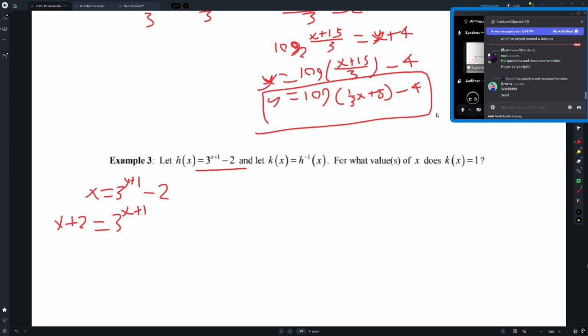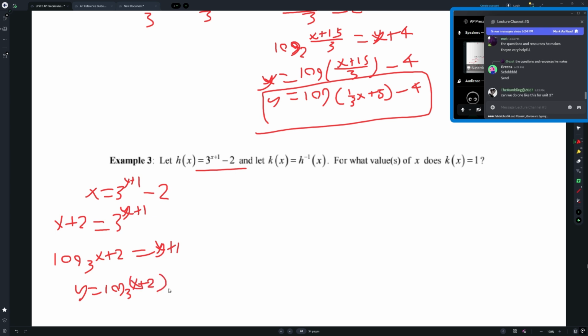From there, log base 3 of x plus 2 is going to be equal to y plus 1, and then subtract 1, so y is going to be equal to log base 3 of x plus 2 minus 1.